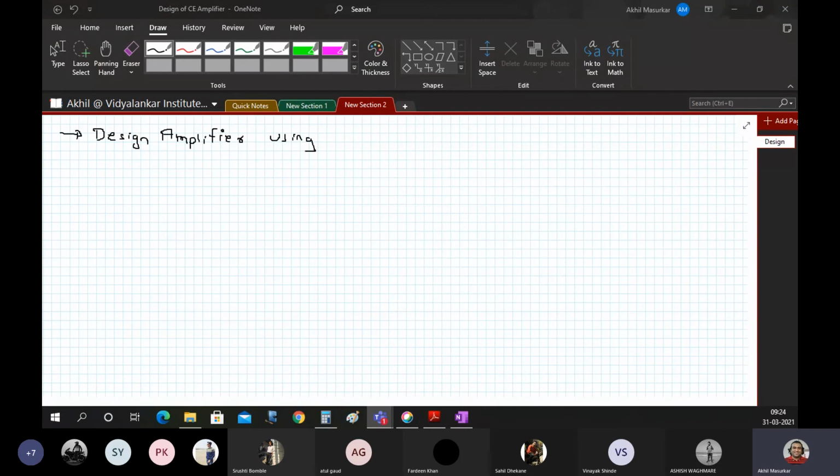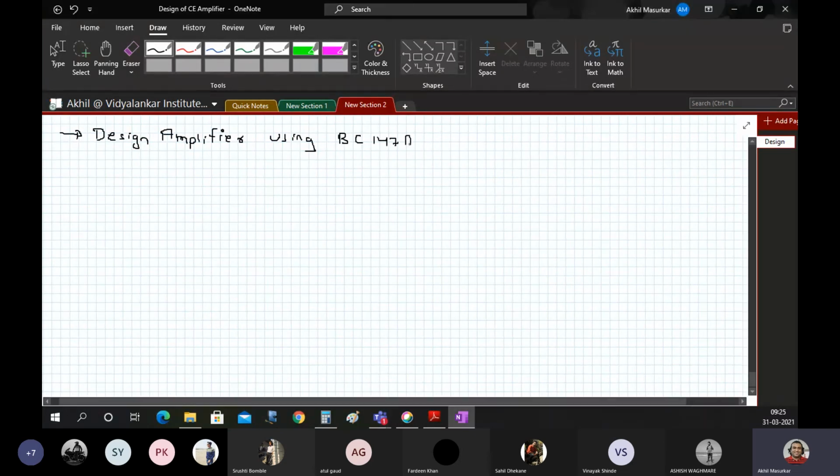The next design statement for you: you have to design an amplifier using BC147. So you can copy the specifications from the previous question. Av should be greater than 120. S_ICO should be less than or equal to 8. Then ICQ is 3 milliamperes.